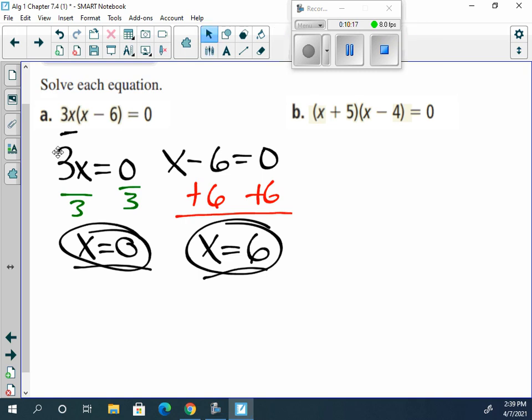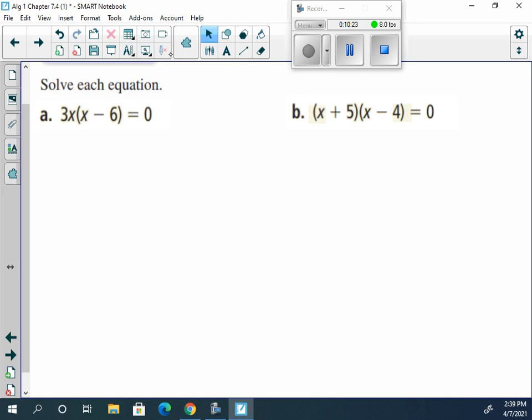Any other questions on this here? All right. I want y'all to try to do letter B. And then we'll come back. And it looks like everybody got the answer to this one here as well. Now we'd split it up to x plus 5 and x minus 4.